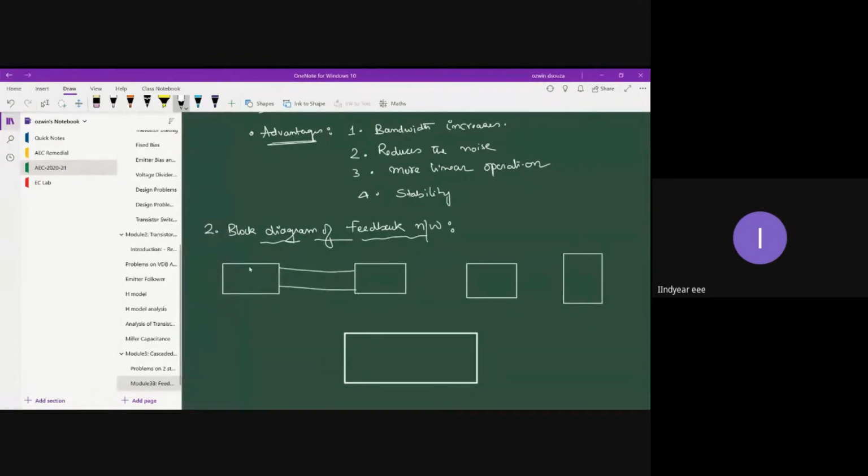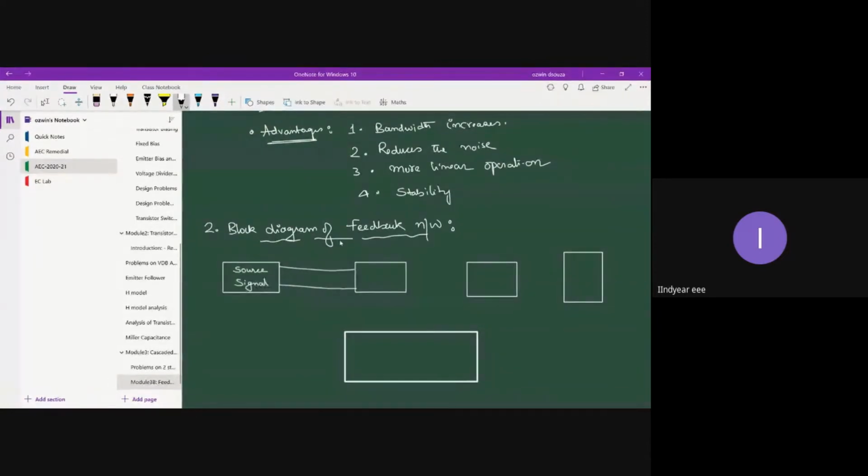This is your source. So source signal is connected to the mixer or comparator, one and the same. And the comparator output is given to the basic amplifier. This is your basic amplifier.